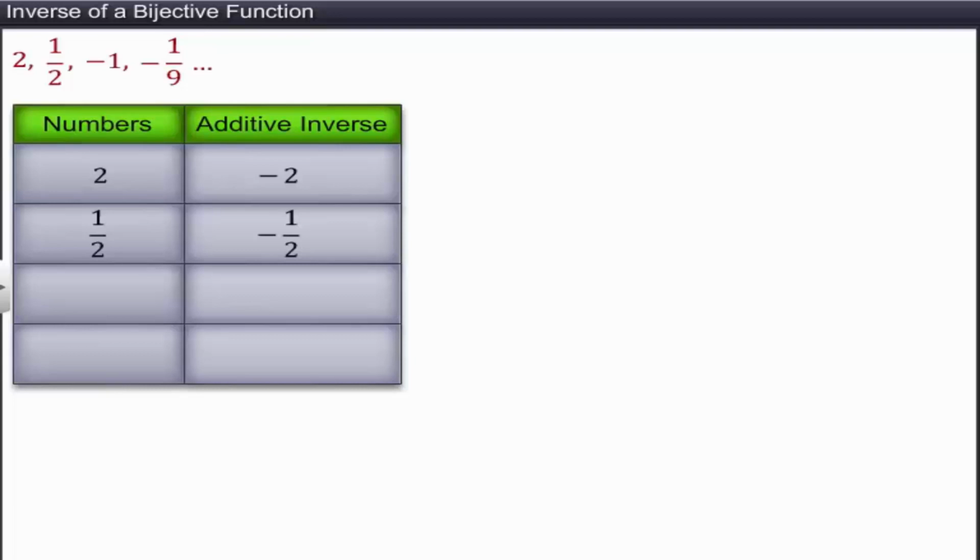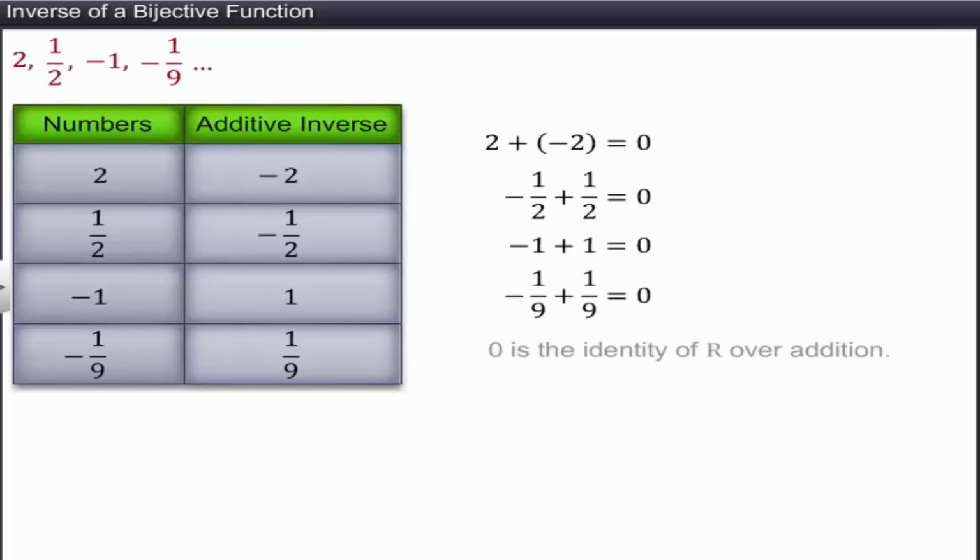The additive inverse of minus 1 is 1, and the additive inverse of minus 1 by 9 is 1 by 9. It is to be noted that on adding the inverse of a number to it, we get 0, which is the identity of the set of real numbers over addition.